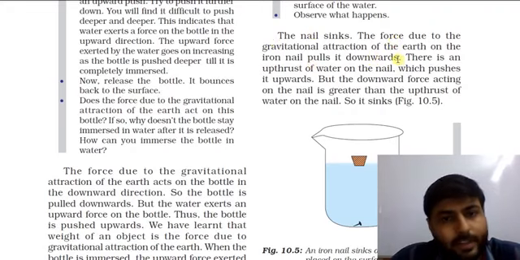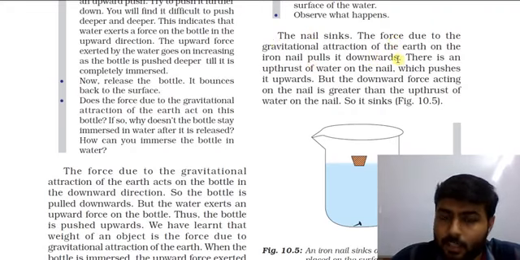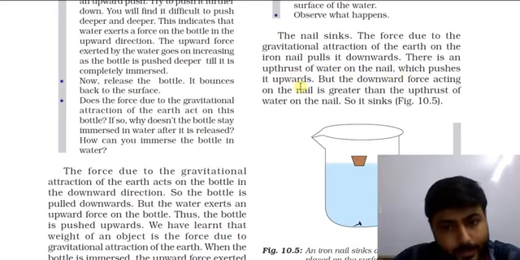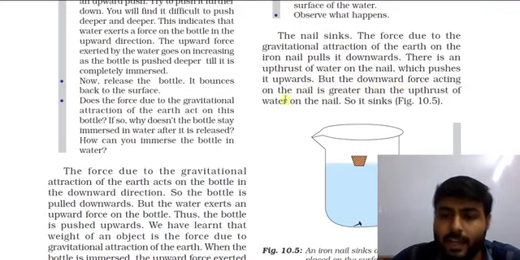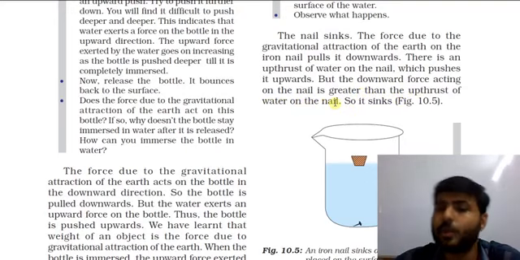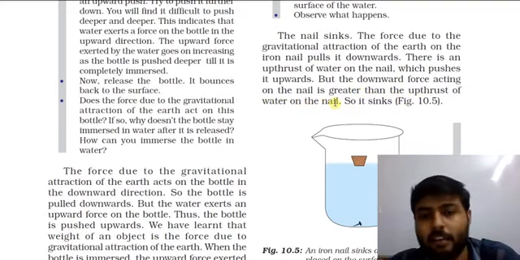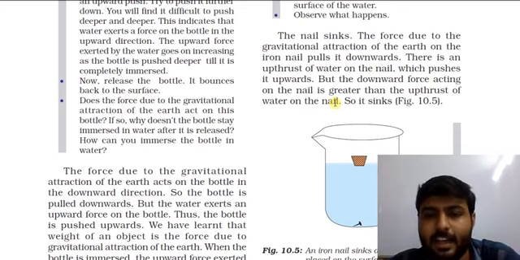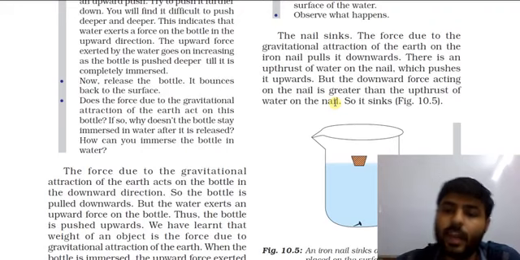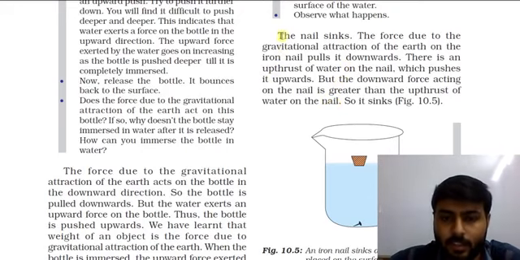So what should we think? Is there no upthrust or buoyant force? No. There is an upthrust of water on the nail also, which pulls it upward. But the downward force acting on the nail is greater than the upthrust of water on the nail. So it sinks. Here we have the reason why an iron nail sinks in water.